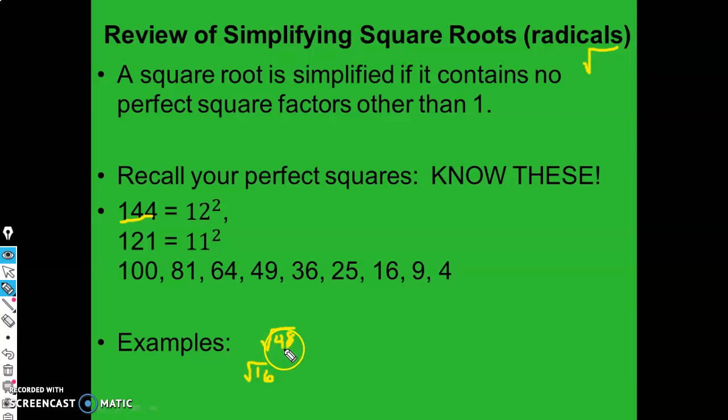So if there is a perfect square factor, you want to split up 48 into the perfect square factor times whatever number is left. 48 divided by 16 is 3. So the square root of 48 is the same thing as the square root of 16 times the square root of 3. And we can simplify this as 4 times the square root of 3, since the square root of 16 is 4.